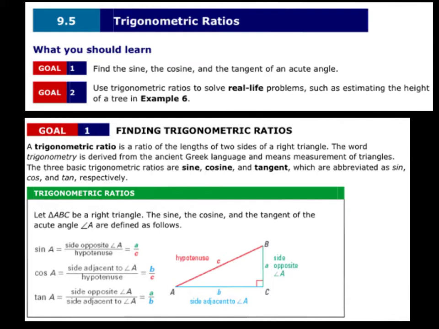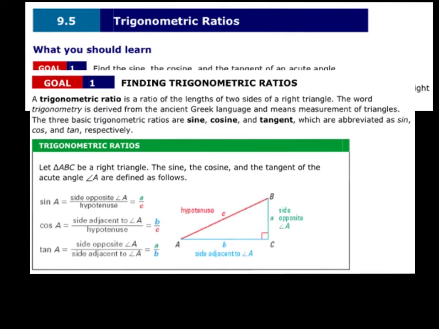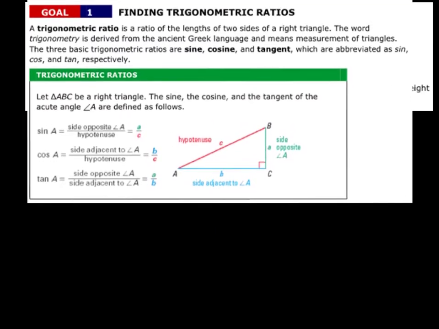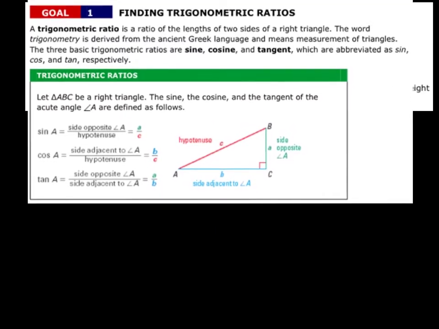All right, now that you've gotten that, let's look a little bit at the figure down here. Let's slide it up to the top so you can see it. The three trigonometric ratios that we're talking about, sine, cosine, and tangent, are simply the ratios of the sides of a right triangle. So we're going to look specifically at angle A, and the angle can change throughout the problems, but we're going to look at angle A down here.